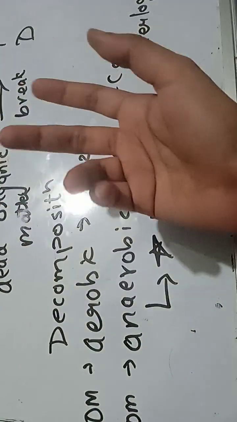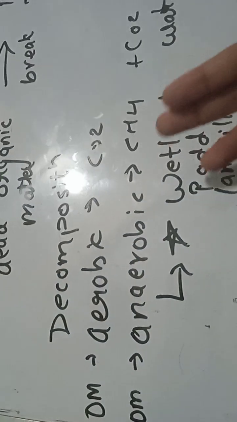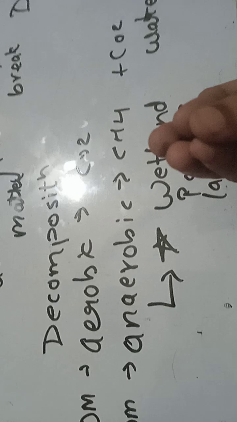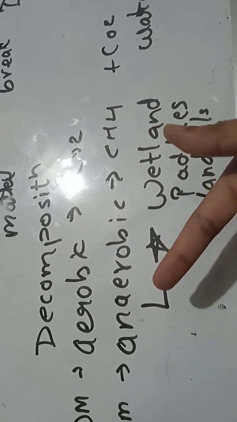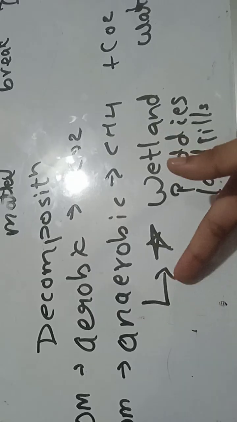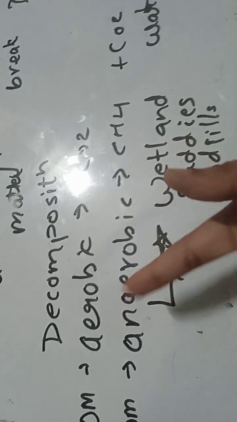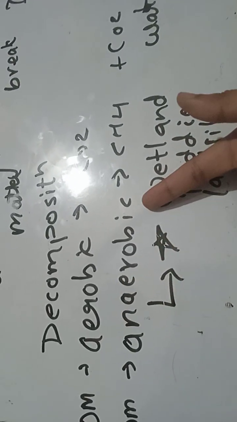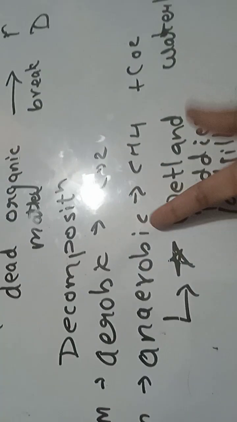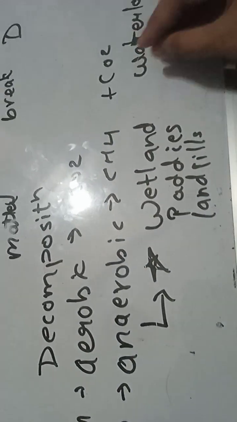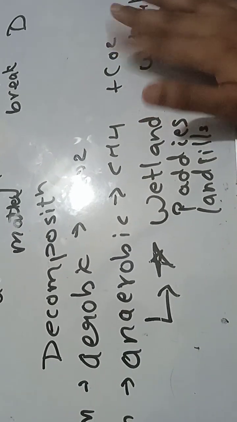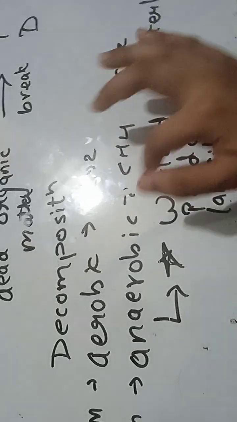Now if the organic matter is getting decomposed in an oxygen-poor environment, that is what we call anaerobic decomposition, and the gases made are CH4 and a nominal amount of CO2.